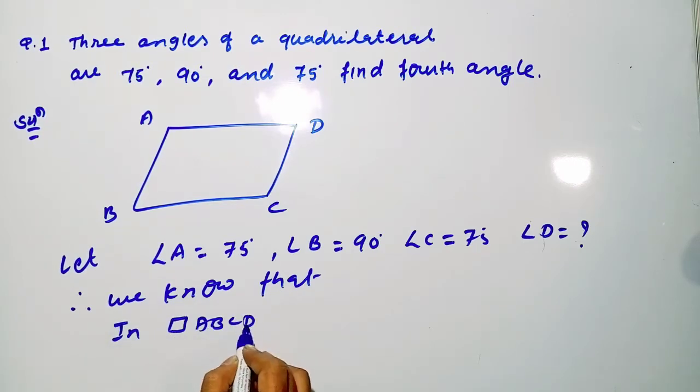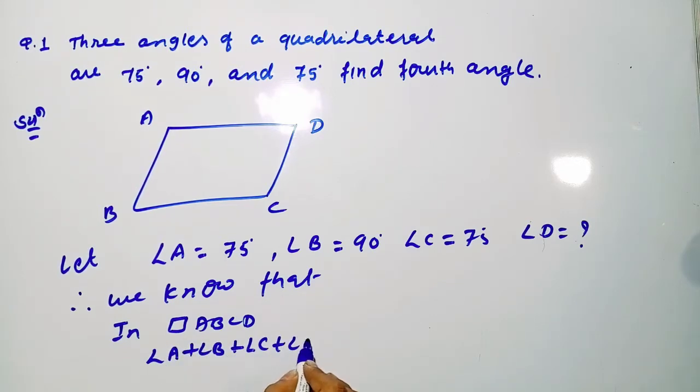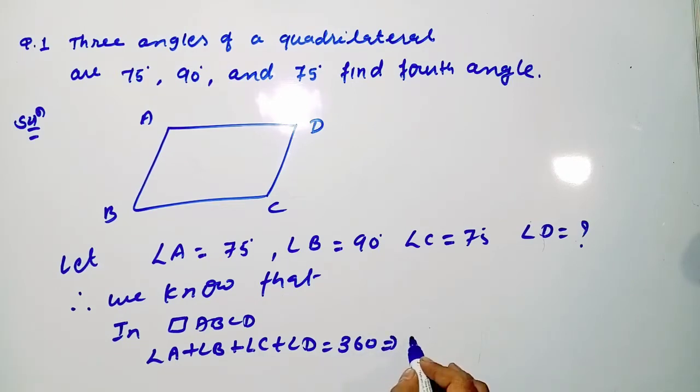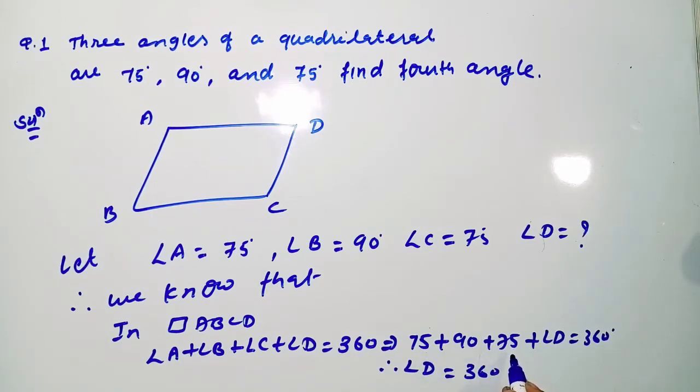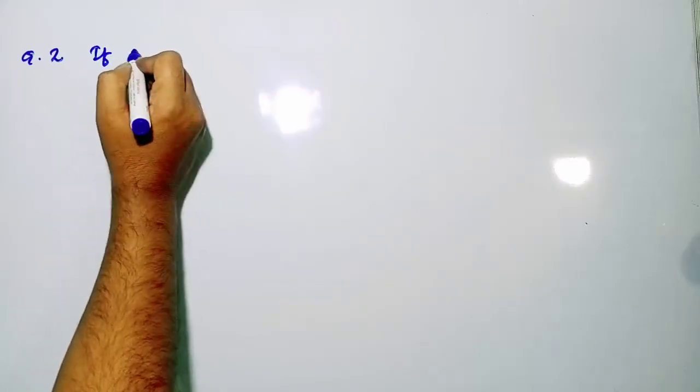So in quadrilateral ABCD, angle A plus angle B plus angle C plus angle D is 360. So 75 plus 90 plus 75 plus angle D is equal to 360. Now adding these and subtracting from 360, so 360 minus 240, the value of angle D is 120 degree.